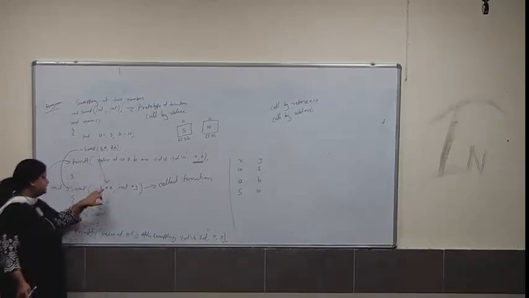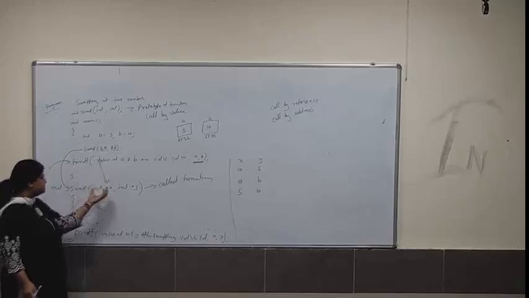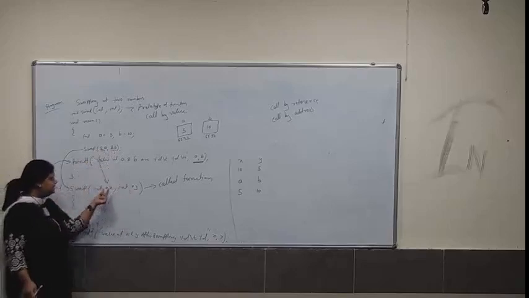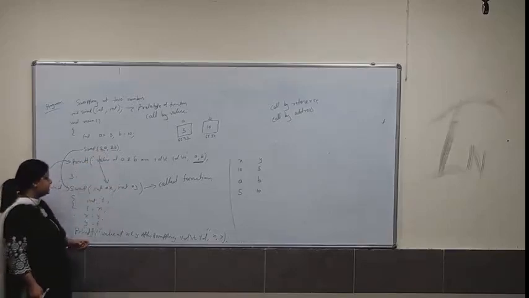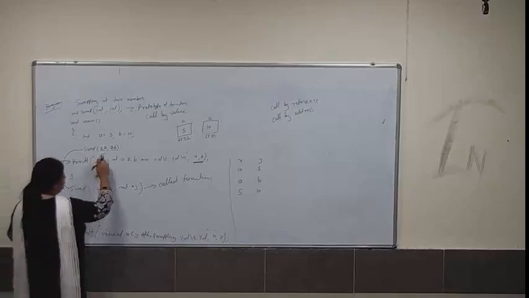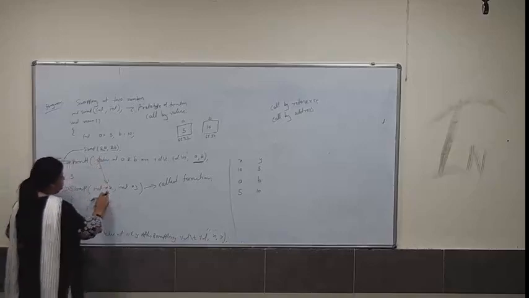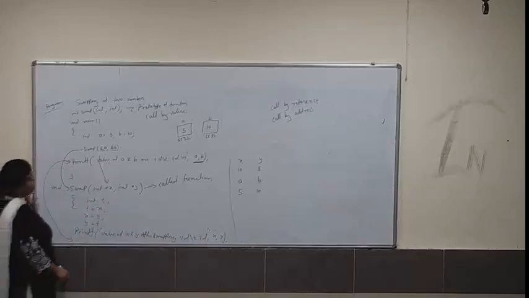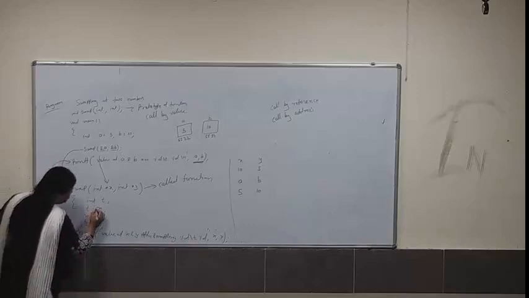That is the reason this catching variable, x, is catching A and y is catching B, so these two variables must be pointer type, not ordinary variables, because we are sending the address. Just now we discussed in the pointer topic what the meaning of a pointer is. So a little bit of change here also.